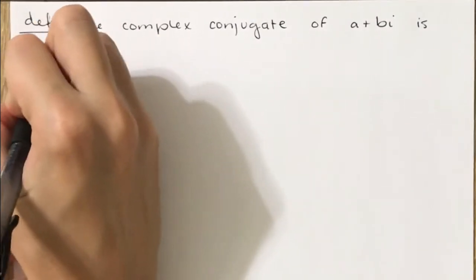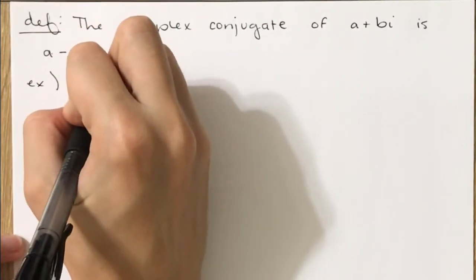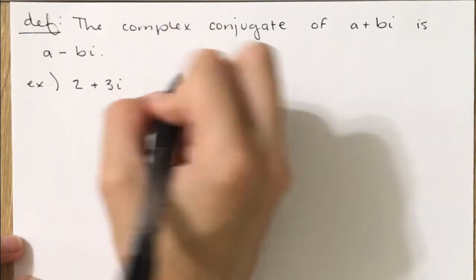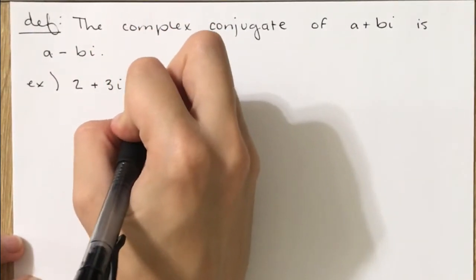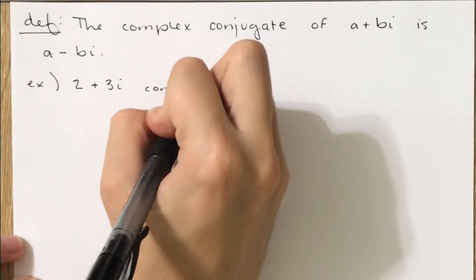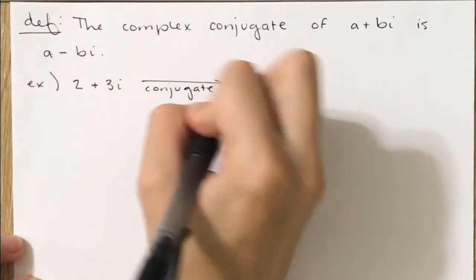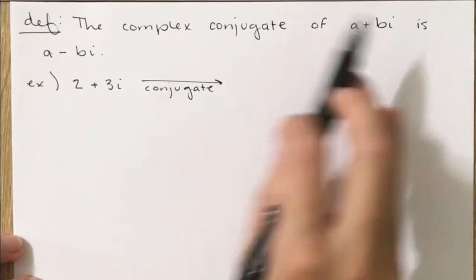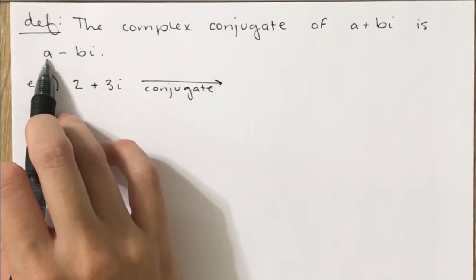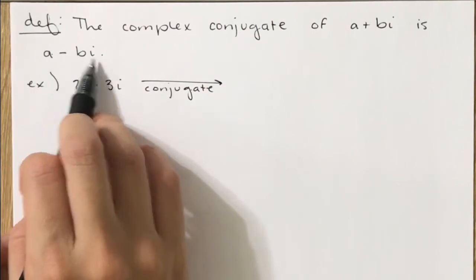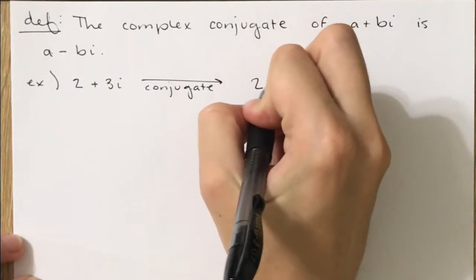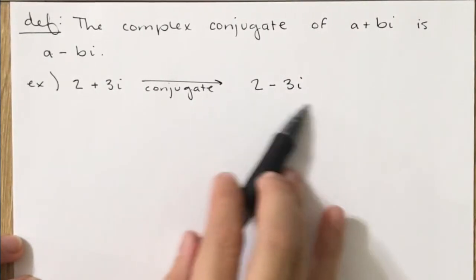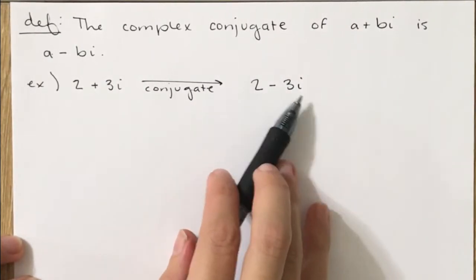So, for example, if we were looking at 2 plus 3i, what is the conjugate of this? We have 2 plus 3i, so our conjugate will be 2 minus 3i. If I wanted to find the conjugate of 2 minus 3i, what would that be?